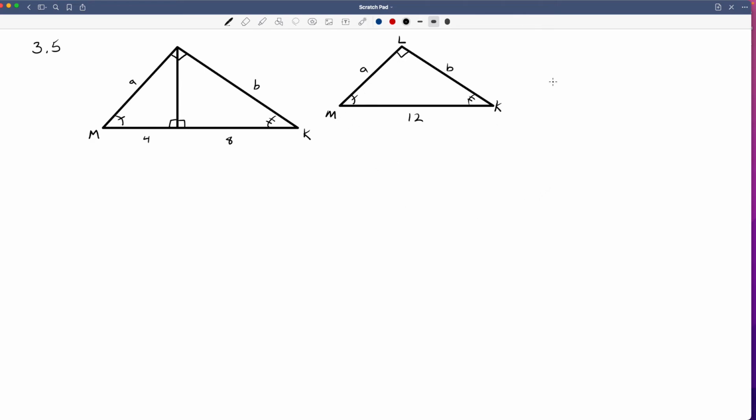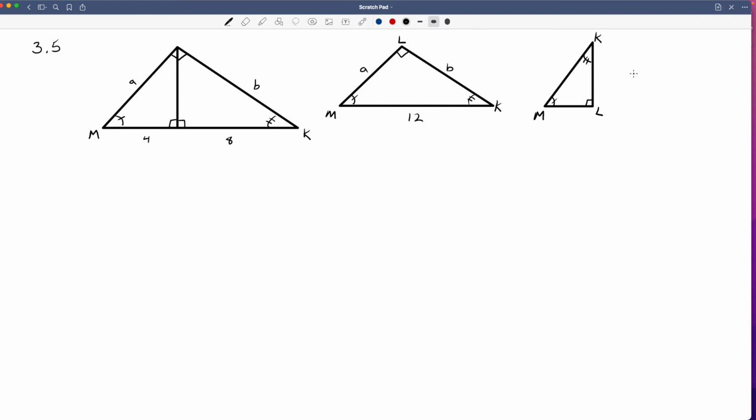Because the angles are the ones that determine which sides are similar. So now I'm going to draw the smaller one. And again, this is not to scale. My right triangle is L, and then I had M down here, and I had K up here.